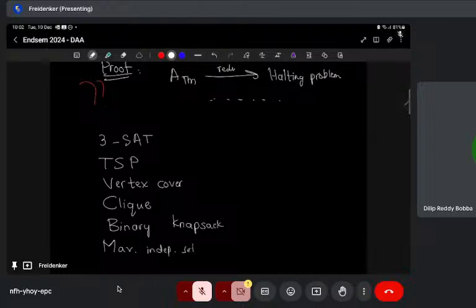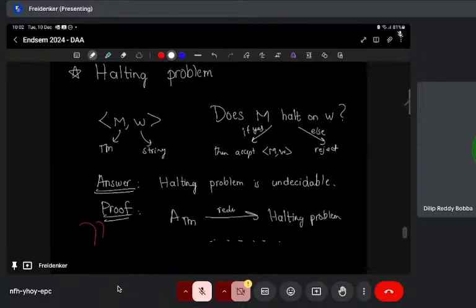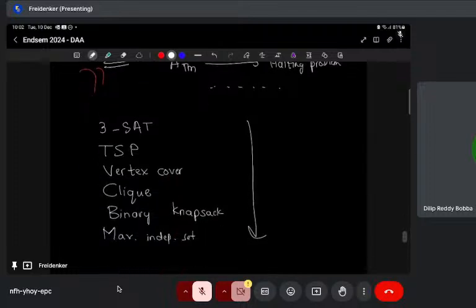Maximum independence, so I don't know. There were some problems. Like the halting problem is one problem. Apparently something was discussed about it, and then some small things were discussed about these as well. So maybe I will get back to you later when I upload the notes. If you read the notes you will get it, but I have nothing to talk about these things.